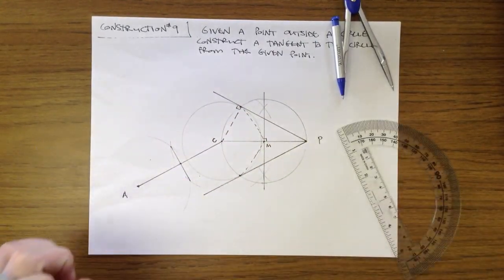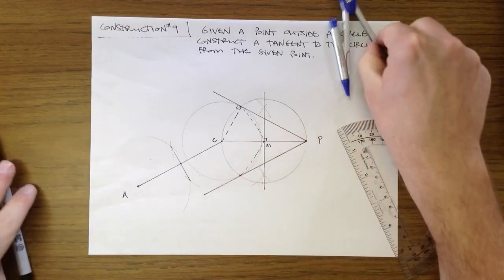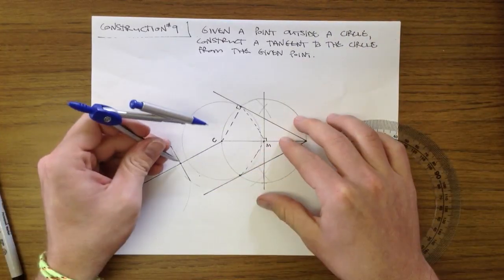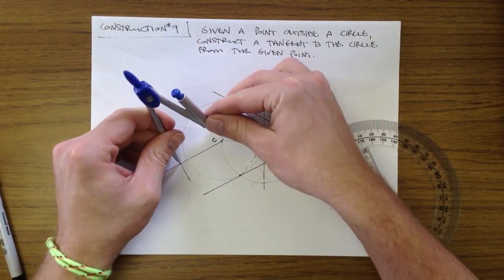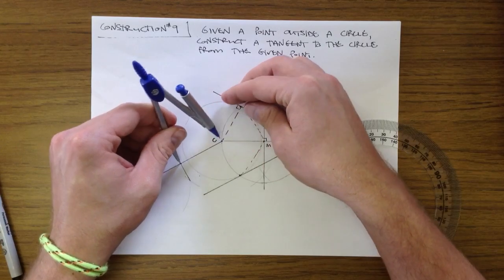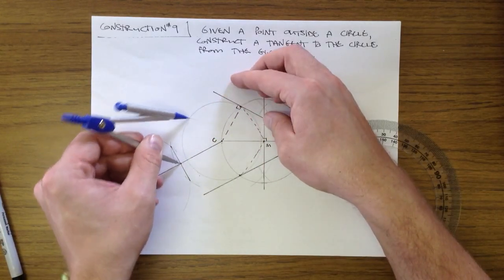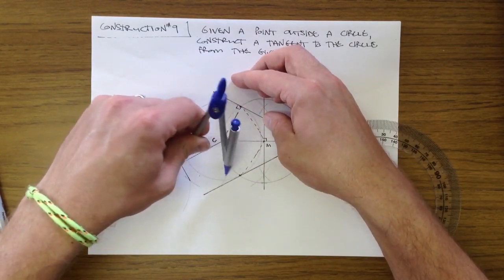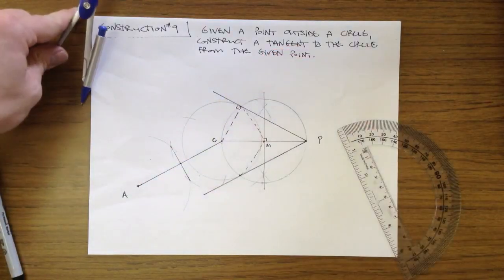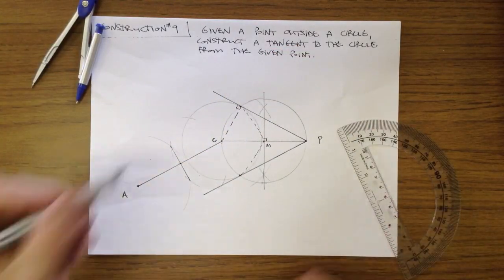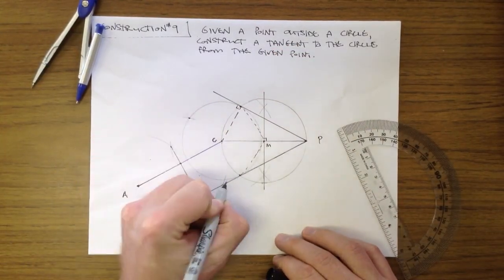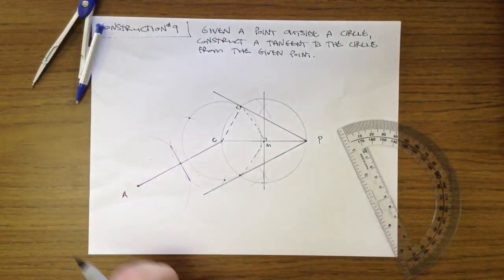So using your compass, figure out how far it is from that midpoint to the center of your circle. Figure out then where that new circle would intersect. And those points now become the points of tangency in relation to A outside of your circle.